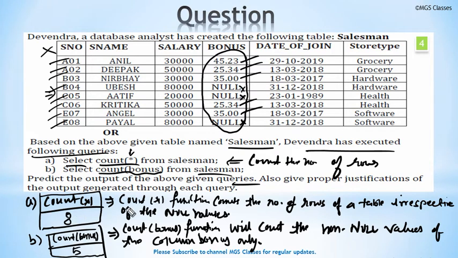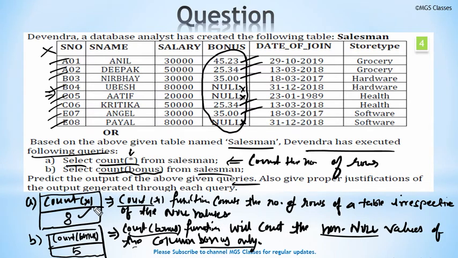So the justification we have given: count star function counts the number of rows of a table irrespective of the null values, so that's why the output is 8. And count bonus function will count the non-null values of the column bonus only. So this is the justification if you write like this.